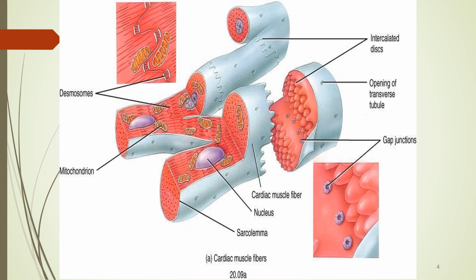This is a picture of the cardiac muscle showing the striated type, and the muscles are branched variously. At the junction of the branches there are specialized areas called intercalated discs, and in the intercalated discs numerous gap junctions are present. Because of the gap junctions, the depolarization wave can easily pass through.